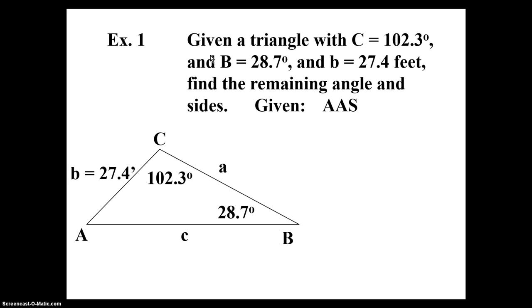Take a couple of seconds to draw this triangle with its appropriate given conditions. If I start and you're still not done, tell the substitute to pause it for you so that you can finish writing it.